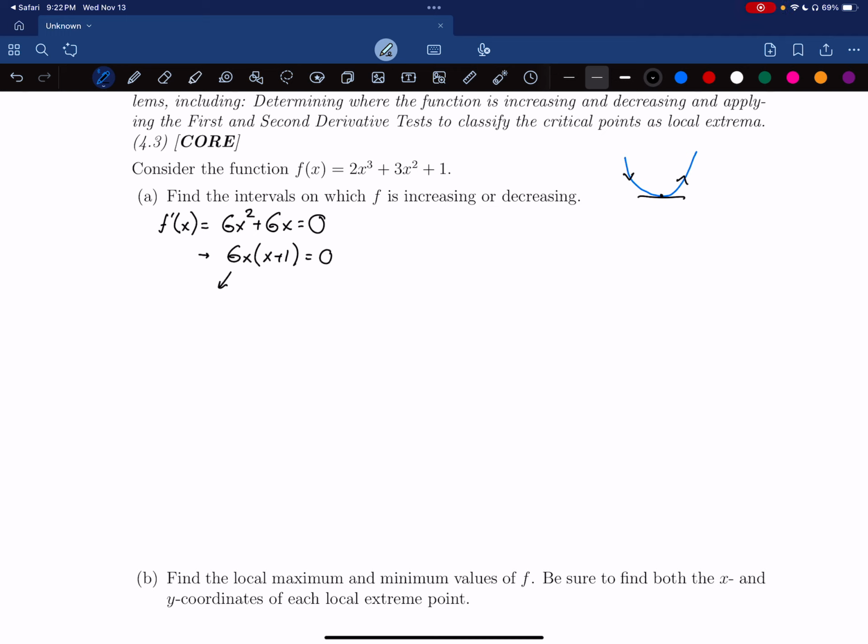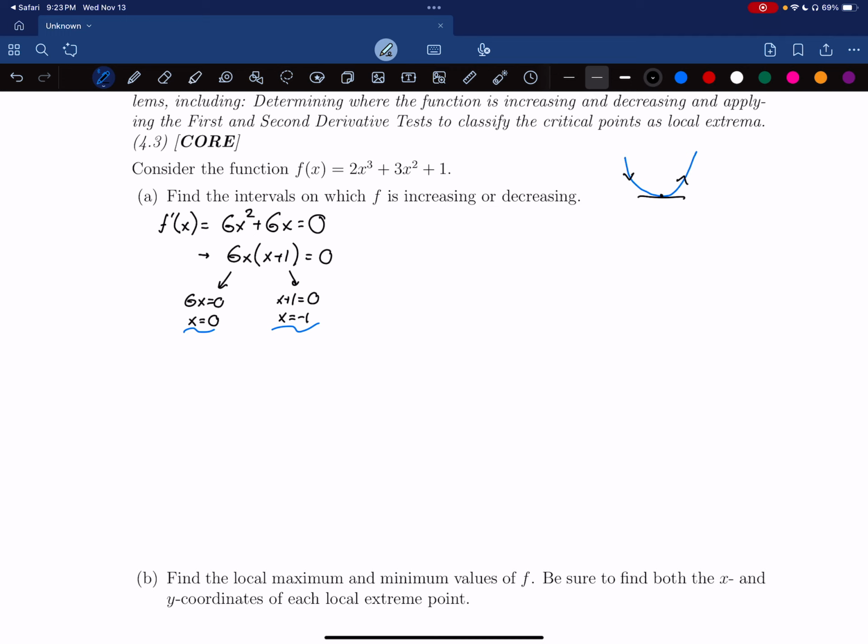And this gives us two equations, 6x equals 0, and x plus 1 equals 0. And from that, we can deduce that x equals 0 is a critical point, and x equals negative 1 is a critical point. These are the points we want to test. We determine that the function f of x will change direction at these points.